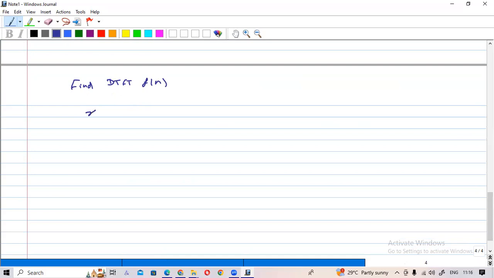If you have xn, and you take the Fourier transform of this xn, it will be X of capital omega, and it is equal to the sum of xn e to the power minus j omega n, where n goes from minus infinity to plus infinity.